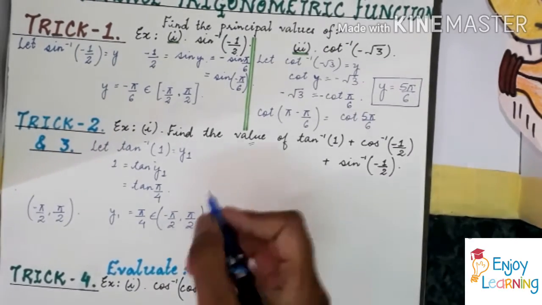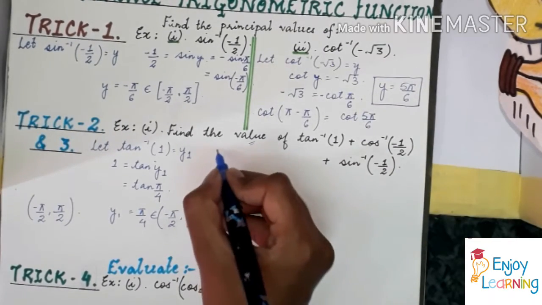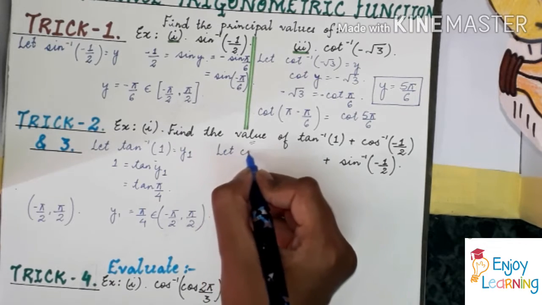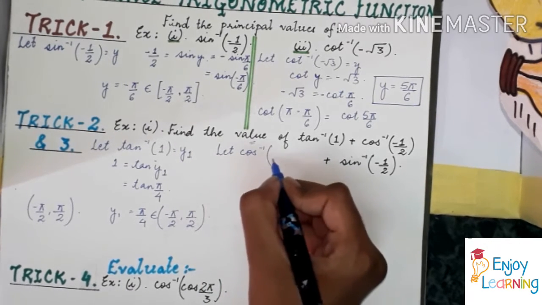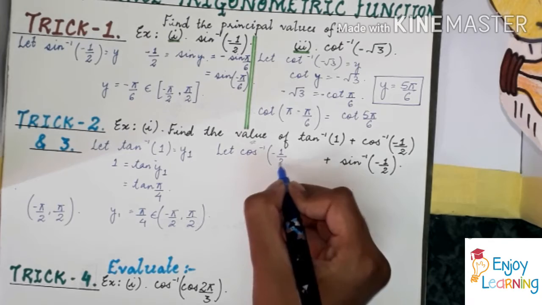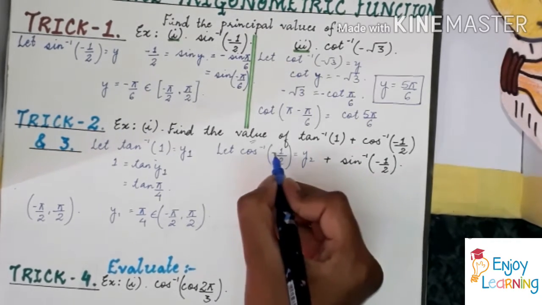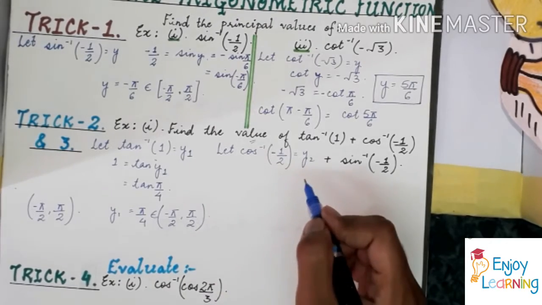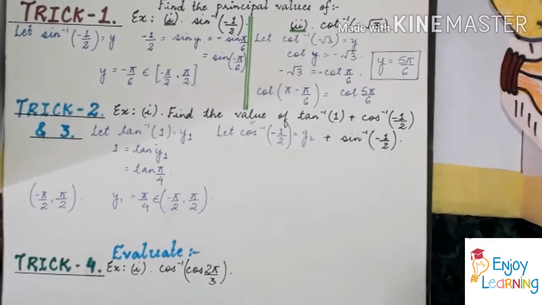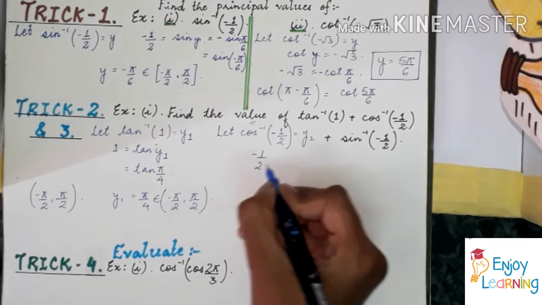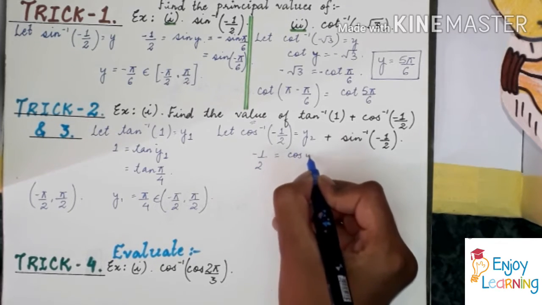So let's solve the second part. Let cos inverse minus 1 by 2 is equal to y2. So minus 1 by 2 is equal to cos y2.